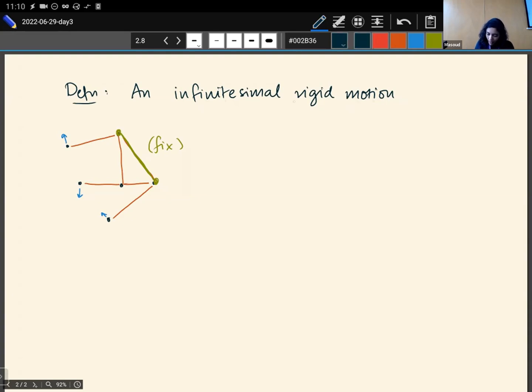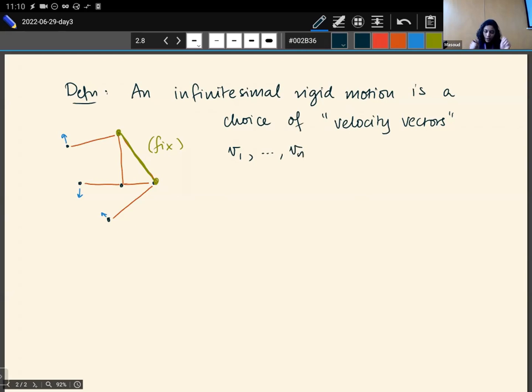And more precisely, what is it? An infinitesimal rigid motion is a choice of velocity vectors, one for each point. In general, I won't impose that I'm fixing any edge. Sometimes I might do it for convenience, but in general, that's not part of the definition.